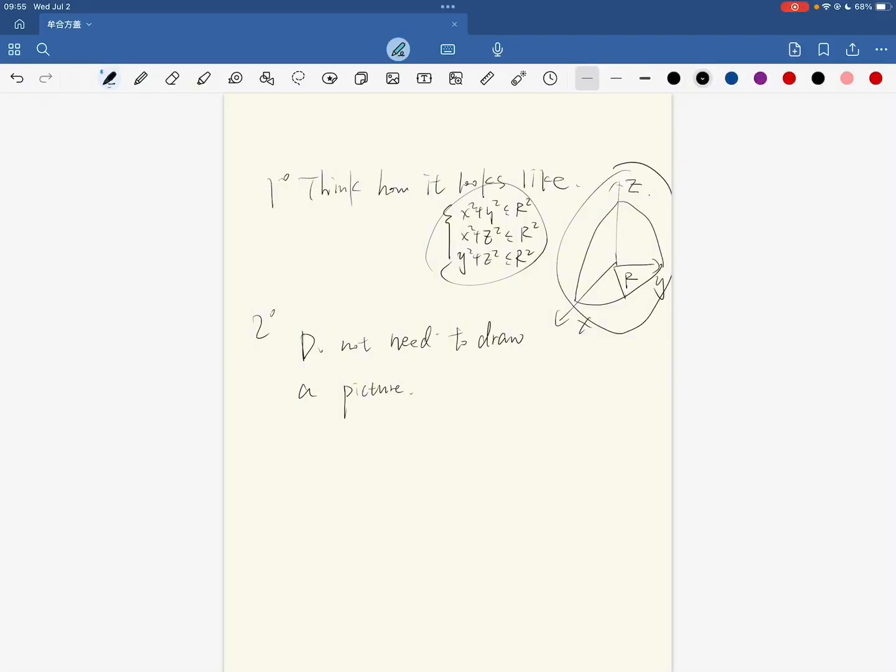Actually my ability of thinking in three-dimensional space is not good, especially in math.